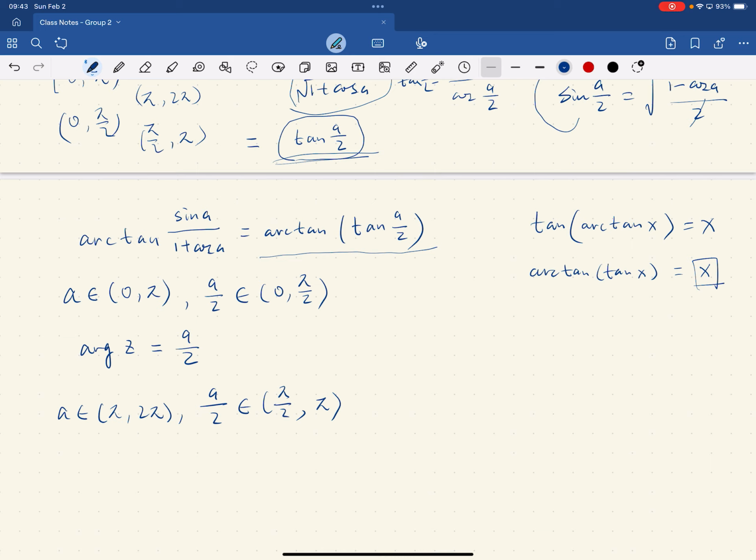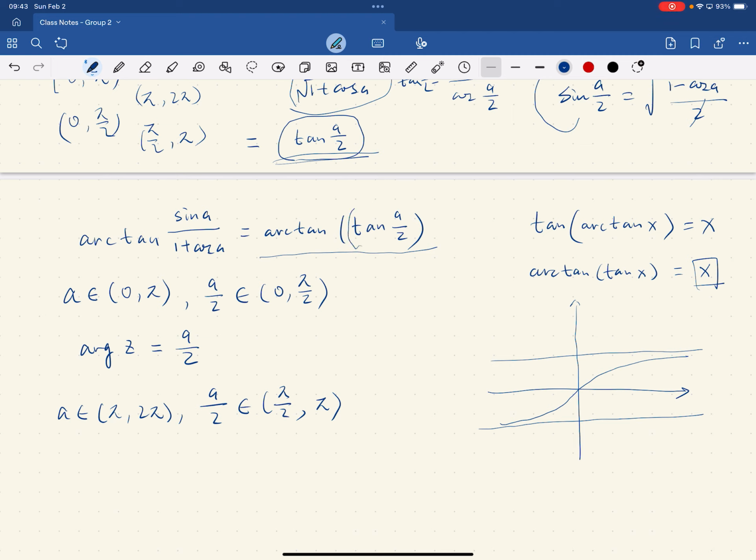When it's negative, arctan would have a value from negative pi over 2 to 0, right? So this is arctan. That's the horizontal asymptote. So this curve is arctan.